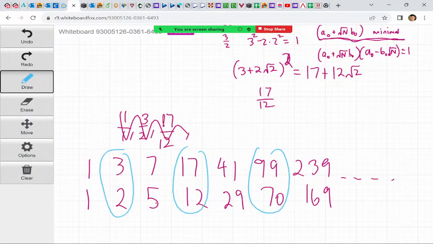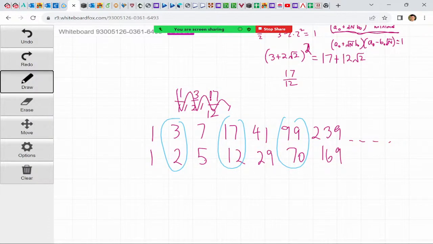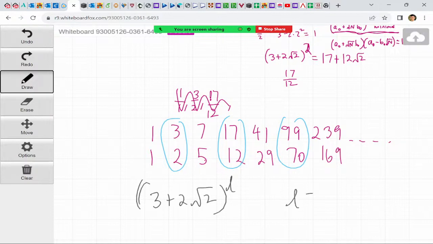Then what I want you guys to do for homework is to show that 3 plus 2 root 2 to the L, as L equals 1, 2, and so on, gives you all the solutions as well. It's obvious these give you solutions, because if you take something whose conjugate product is 1 and take the power, power respects conjugates.